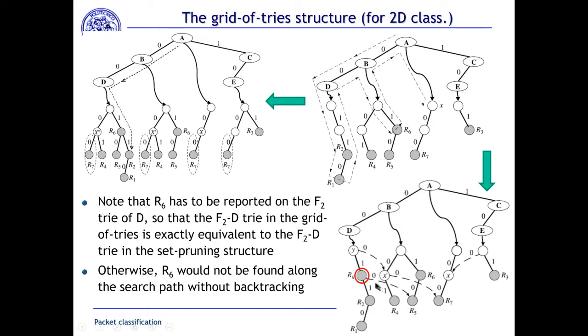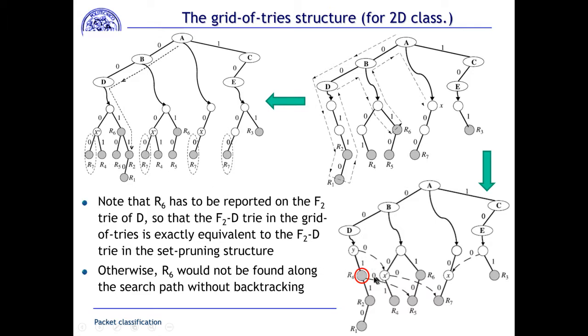And this pointer must have a label, which is the value of the corresponding bit, which was used in the original set pruning tree to visit the left child.